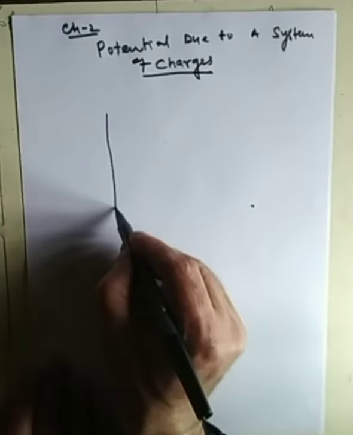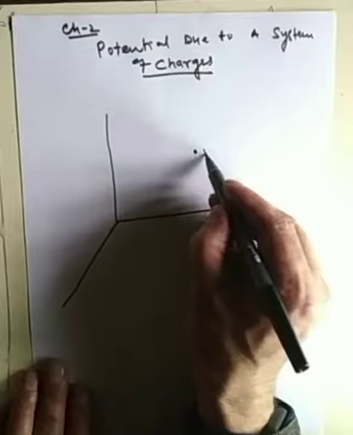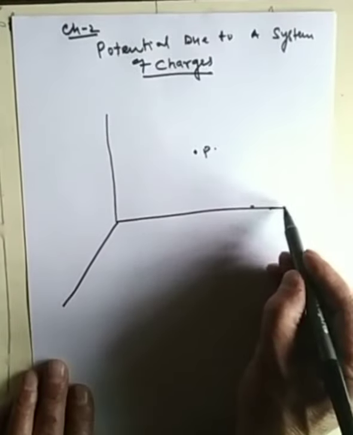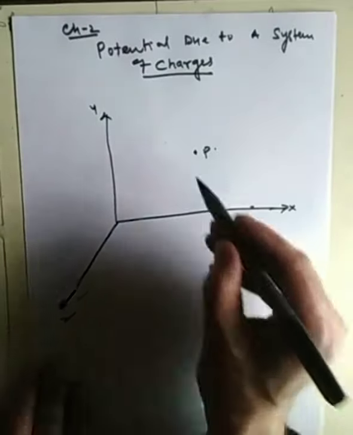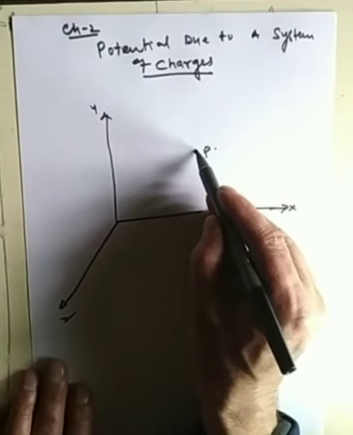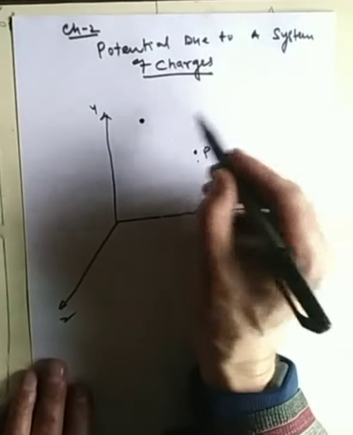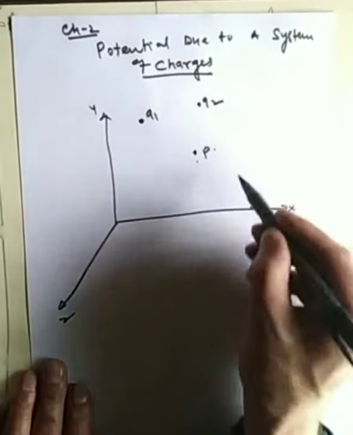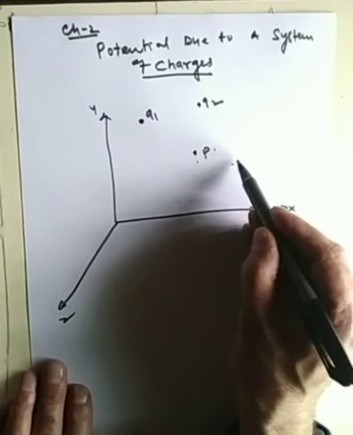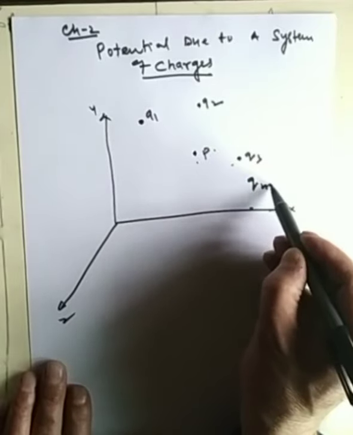Let us suppose that we have this coordinate axis where we have a point P, with coordinate axes x, y and of course z. We want to find the potential at this point due to discrete charges Q1, let us say here it is Q2, Q3, and let us say here it is Qn.